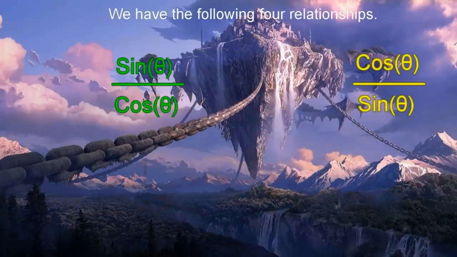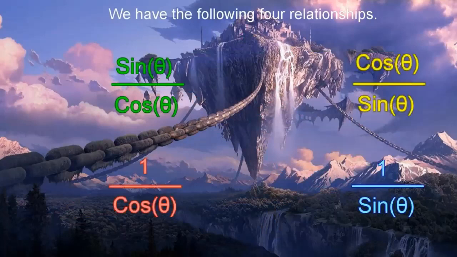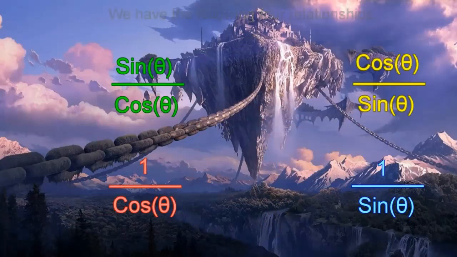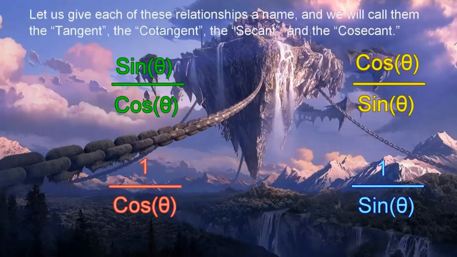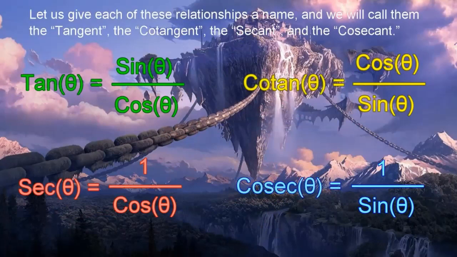We have the following 4 relationships. Let us give each of these relationships a name, and we will call them the tangent, the cotangent, the secant, and the cosecant.